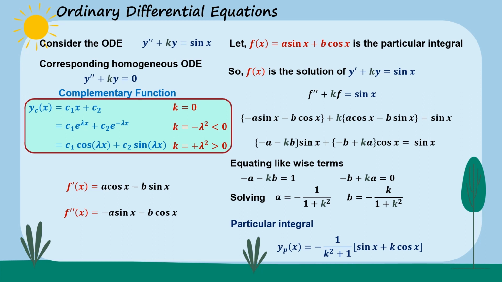So this is the approach for a differential equation. But one thing you have to remember here is that the complementary function is not of one type; it comes in three types. Based on the value of k, you have to decide the complementary function. Here, as k is unknown to us, we don't know whether it is greater than zero, less than zero, and all that, so that's why we choose the three conditions.